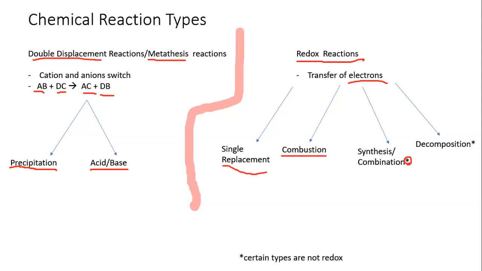And we'll talk about those in just a moment. Decomposition, again an asterisk, because certain types of decomposition reactions are not redox. So we're going to go through each one and give you an overview of the characteristics of each type of reaction. But again, if you're double displacement or metathesis, you cannot be redox. There's no crossover between the two.